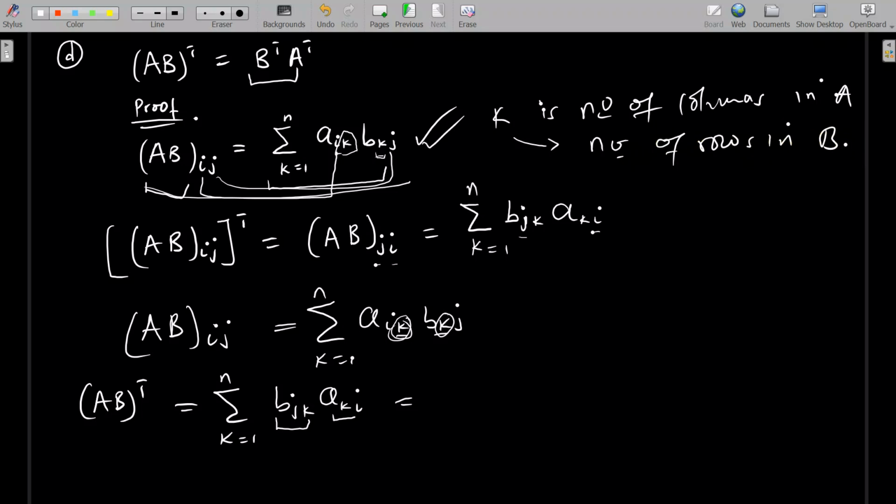But if you look at this, k has now become, because bjk is an element in B, the number of columns in B, and then it has become the number of rows in A, because aki is an element in A. So it means we've switched rows and columns in terms of bjk and then aki, and that's exactly what transposition is about. So this is going to be B transpose first, and then times A transpose, and that ends the proof to why AB transpose is actually B transpose A transpose.